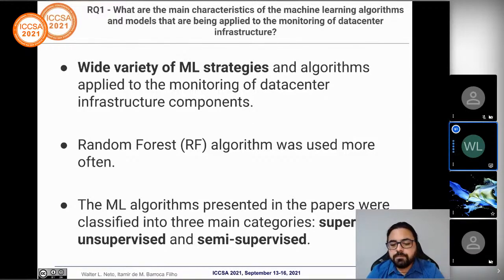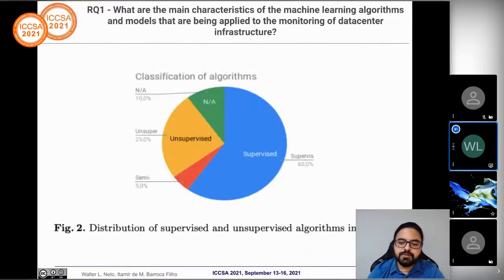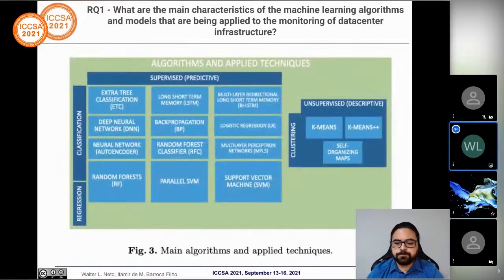Also, the machine learning algorithms present in these papers were classified in three main categories: supervised learning, unsupervised learning, and semi-supervised learning, as shown in this image. This image also shows that supervised learning was the most often applied in the papers included in this research.